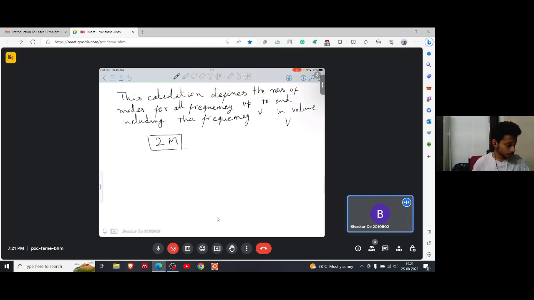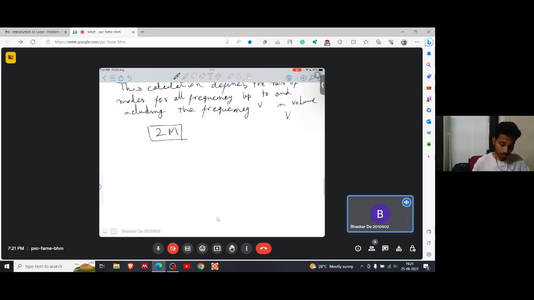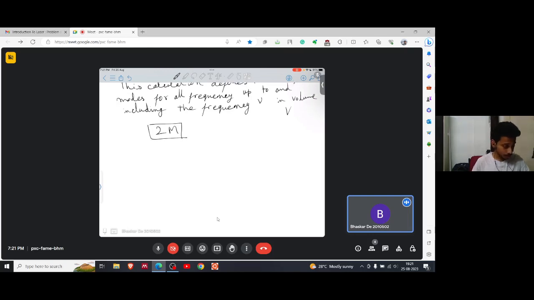So now from here we can calculate the mode density, which is generally denoted by the variable rho, known as the number of modes per unit volume.